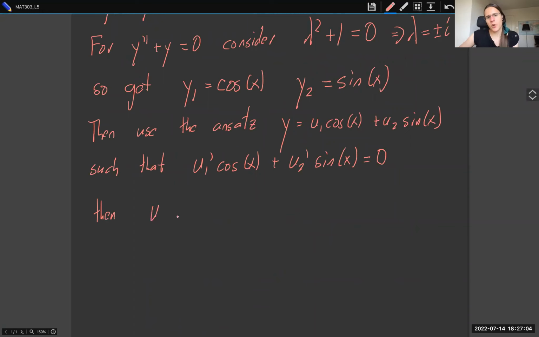And now we can use our formulas. We can use the expression for u1 prime. Actually, before I do that, note that we calculate what the Wronskian is: y1 times y2 prime minus y1 prime y2. What is that equal to?